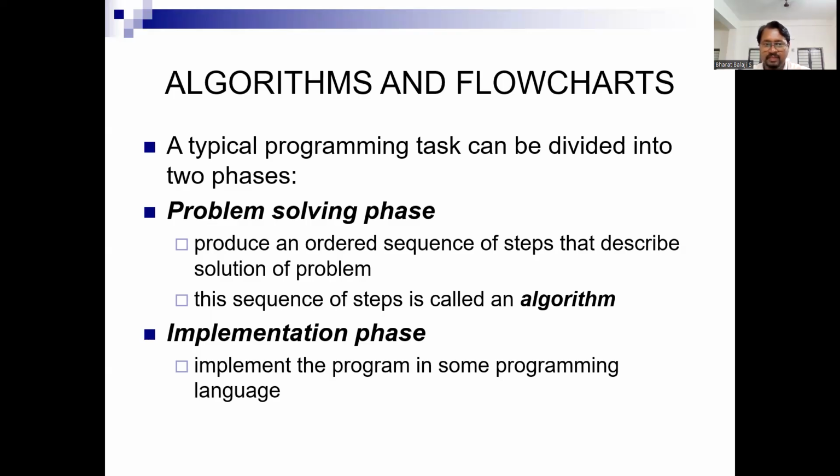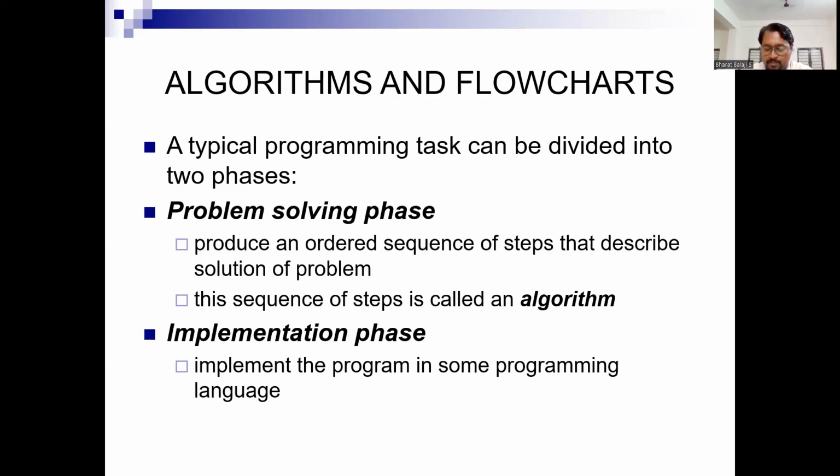Coming to the implementation phase, we implement the program in some programming language, but we have to write the program after completion of the algorithm. Whether it is C, C++, Java, Python, or any other programming language, we have to write the possible solution as an algorithm first.